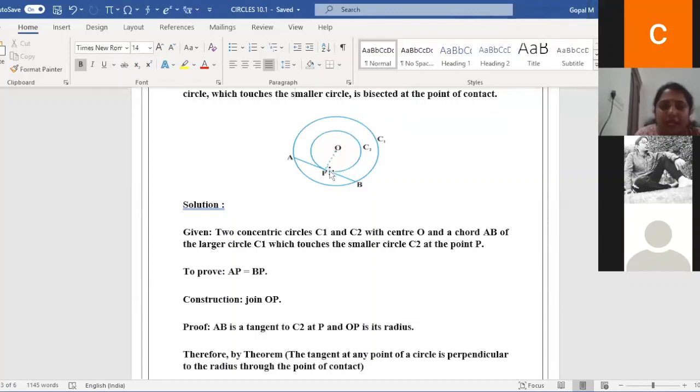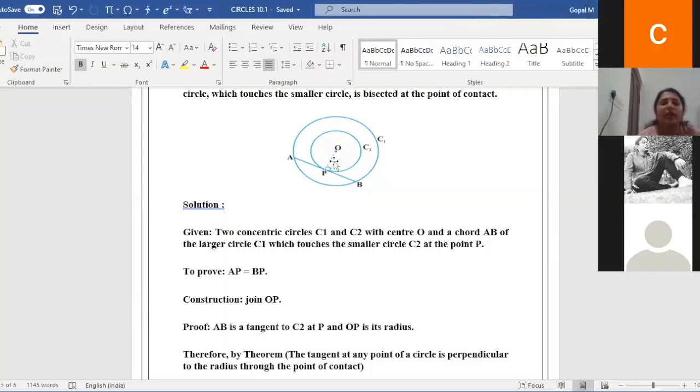From the center to the tangent is always perpendicular. So OP is perpendicular to AB according to theorem 10.1: the tangent at any point of a circle is perpendicular to the radius through the point of contact.